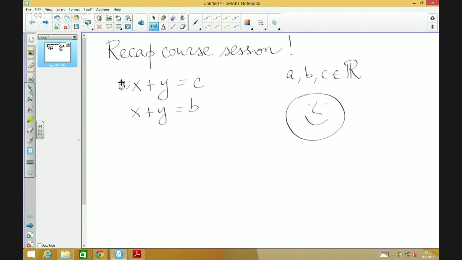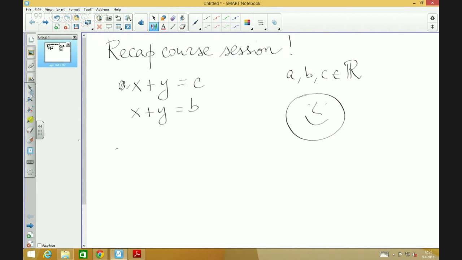So how do you solve this system of equations? Okay, you use the elementary row operations and the Gauss-Jordan method. So the first thing that you would do is to say, okay, let's turn this into an augmented matrix.